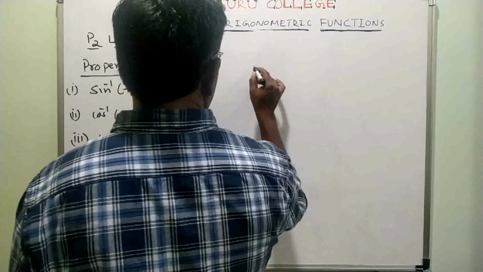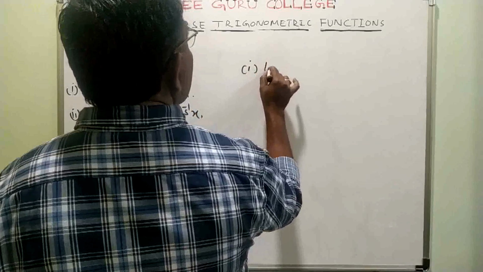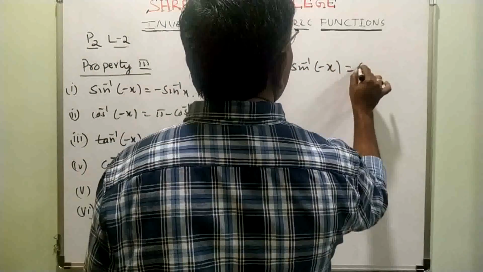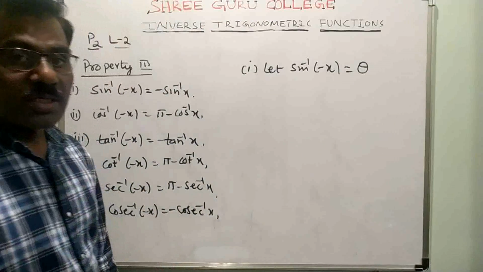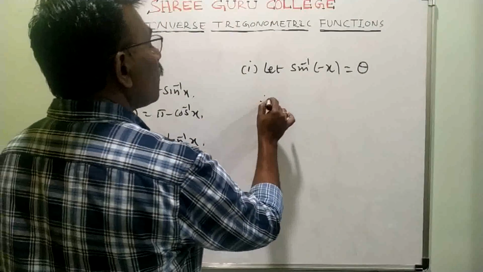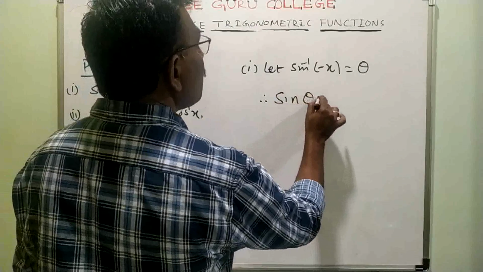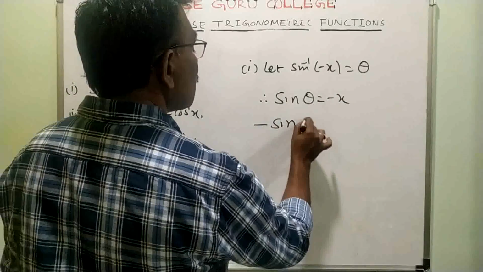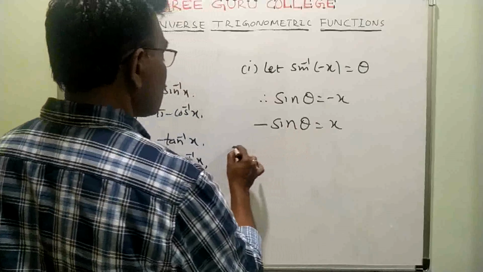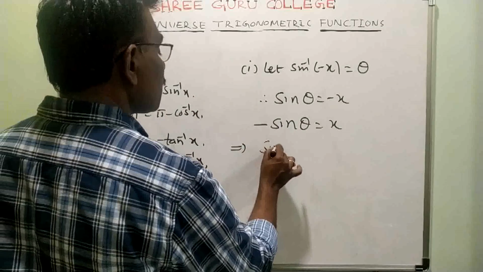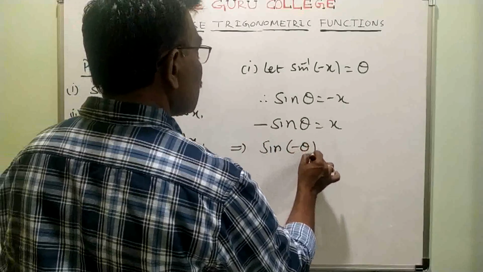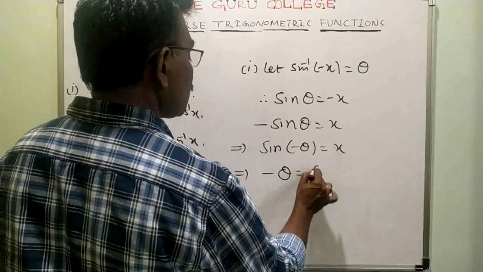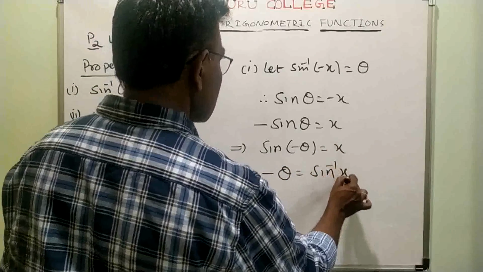So I will prove the first one. Let sin inverse of minus x be theta. Therefore, sin theta is equal to minus x, so minus sin theta equals x, that is, sin of minus theta equals x. By definition, minus theta equals sin inverse of x.